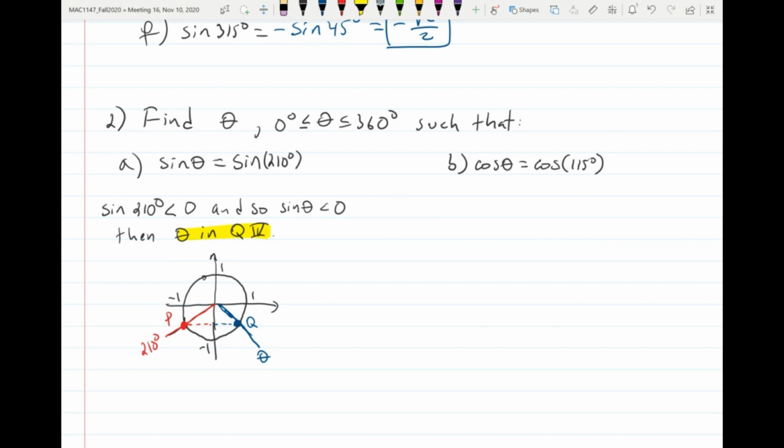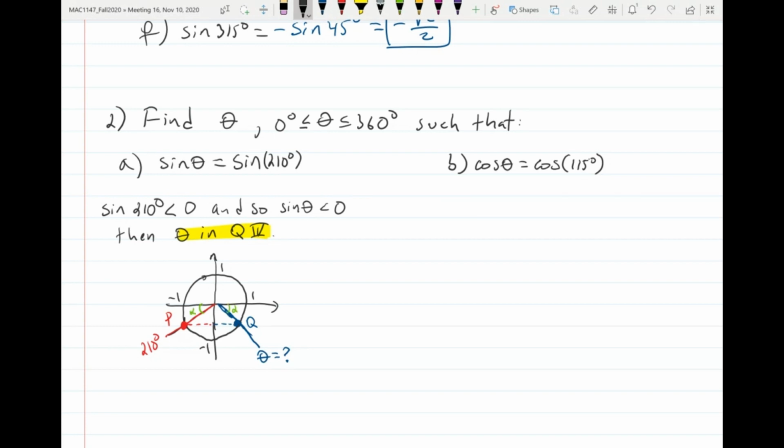Okay, so then our question is, who is this guy? Well, if you look at the picture, since they have the same sine, what do we know? What does it mean to have the same sine? They better have the same reference angle, right? Because the sine of theta is the same as minus the sine of its reference angle, and the same thing for 210. So we can see that they both have the same reference angle.